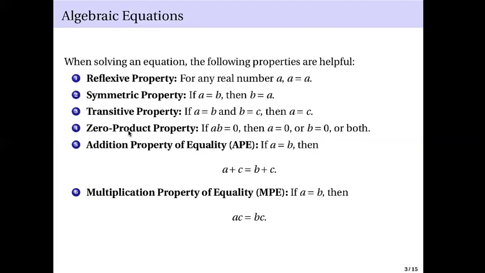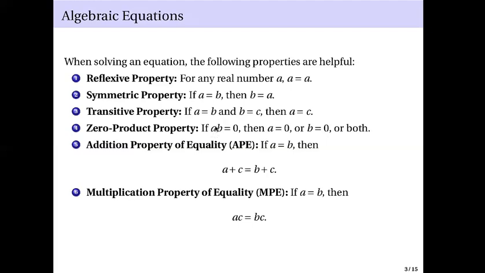Now, we have the following property, the zero product property. So, what is this property? If you have the product AB and that product is equal to 0, then either A equals 0 or B equals 0, or both of them are equal to 0.